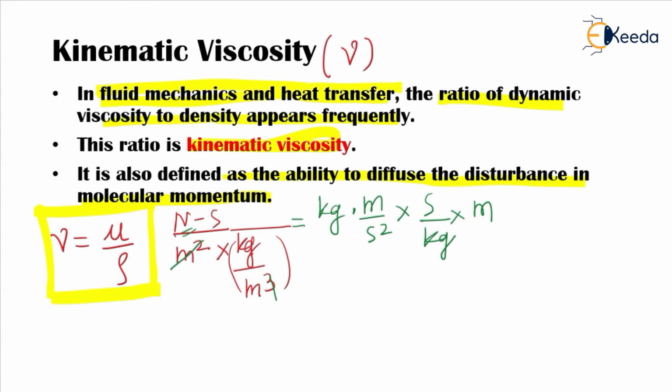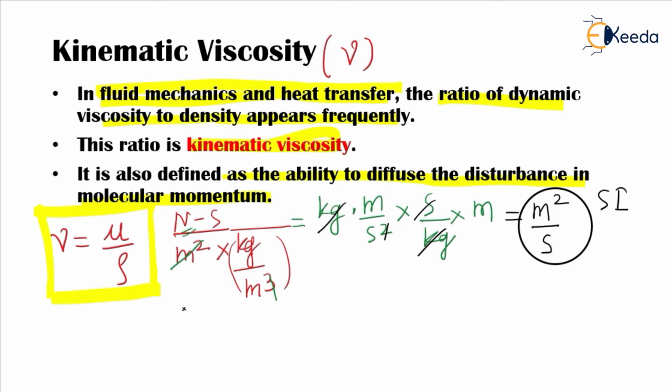So as you can see, if you simplify it, kg will get cancelled out, and this second will be cancelled out. So we will be left with meter square per second. Remember, this will be the unit of kinematic viscosity, meter square by second. And obviously this is the SI unit.